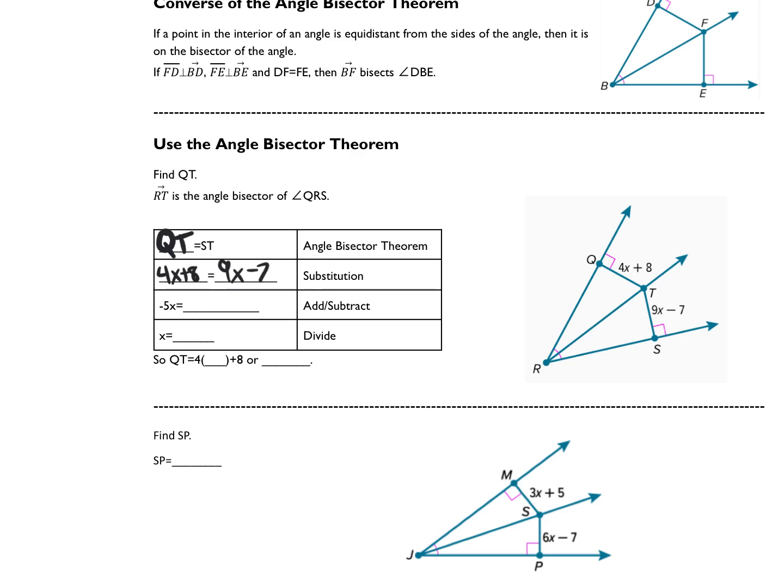We can subtract 9x from both sides, get negative 5x. We can subtract 8 from both sides, get negative 15. Divide both sides by negative 5, and we get that x is 3. So QT is equal to 4 times 3 plus 8, or 20.